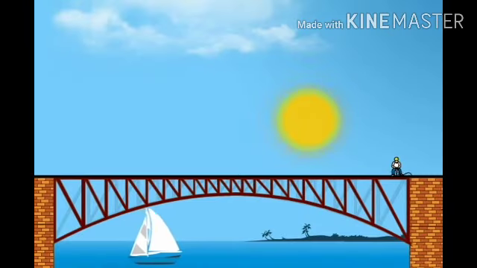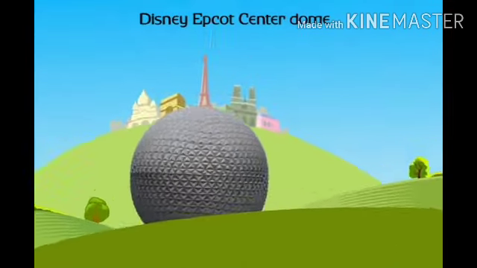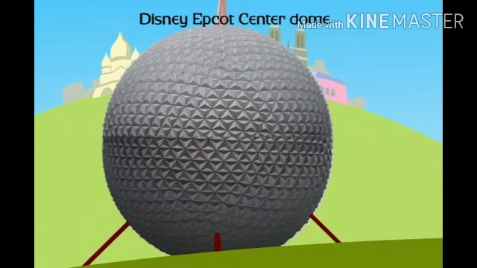Have a look at this bridge. It involves many triangles in its construction. The Disney Epcot Center dome is made entirely of triangles which keep it very strong. Now let us go through the chapter to get more knowledge about congruent triangles.